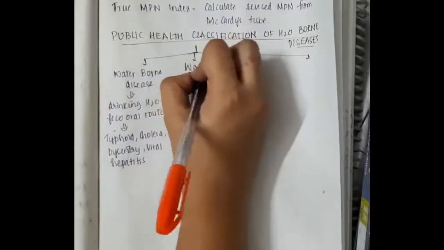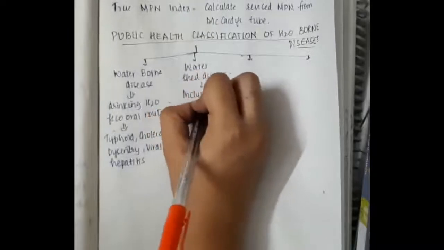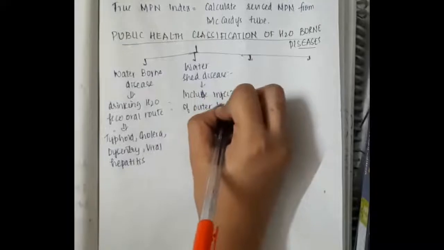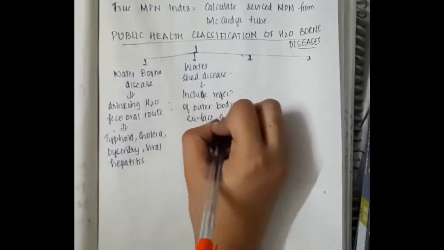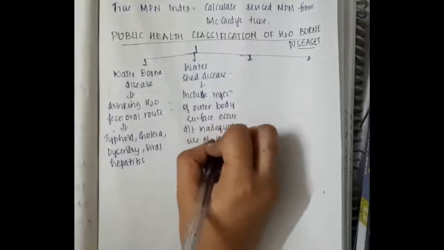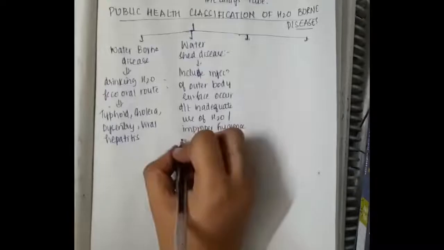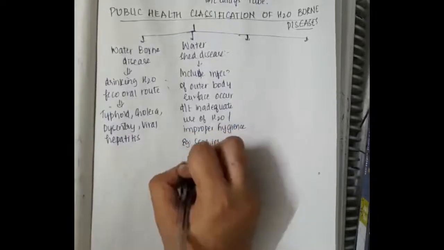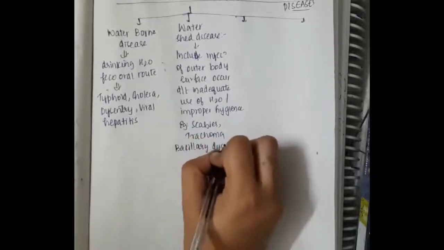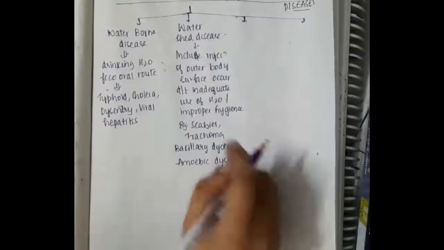Then water-washed diseases. These include infections of the outer body surface, which occur due to inadequate use of water or improper water hygiene. If we do not clean our body properly, it causes water-washed diseases like scabies, trachoma, bacillary dysentery or amoebic dysentery.